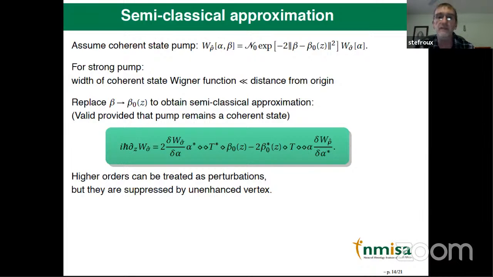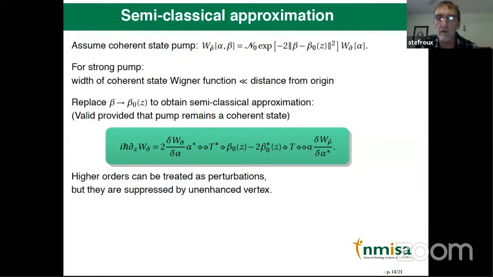And the benefit of that is that when I have a strong pump and I look at the situation on phase space, a coherent state is a minimum uncertainty state. So it has a very small size. When the pump is strong, then that coherent state is moved far away from the origin.